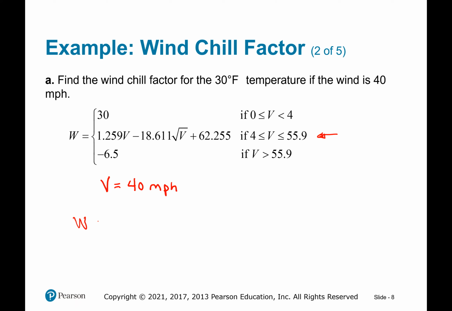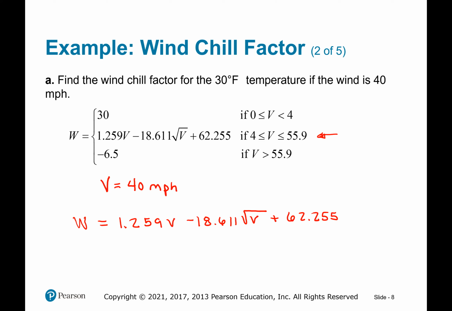So my wind chill factor is found by taking 1.259 times my velocity minus 18.611 times the square root of my velocity plus 62.255.